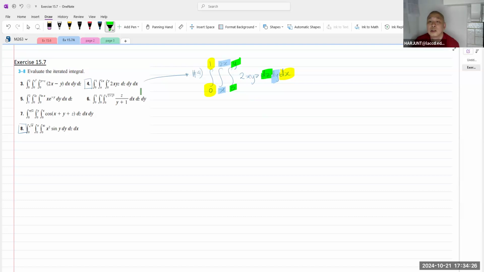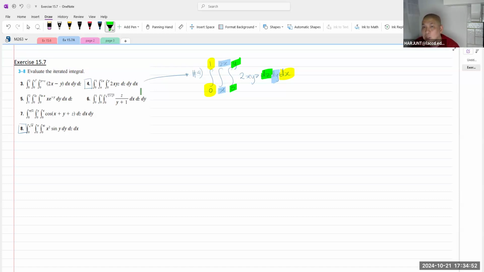No way. So the limits of the innermost integral can use any variable except for the variable of the inner integration.